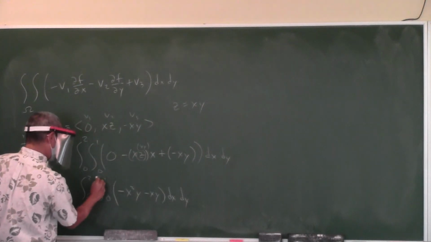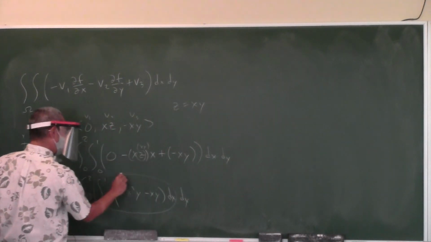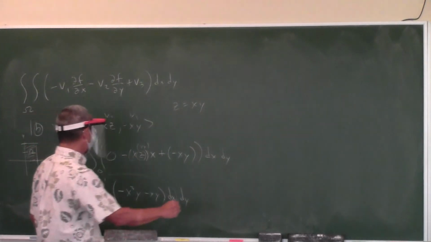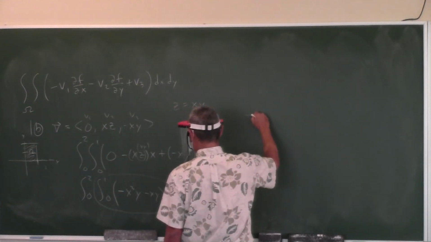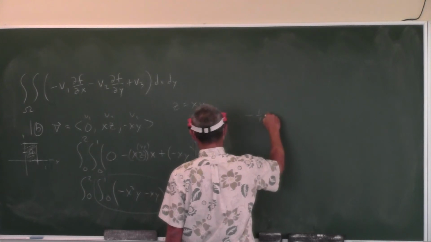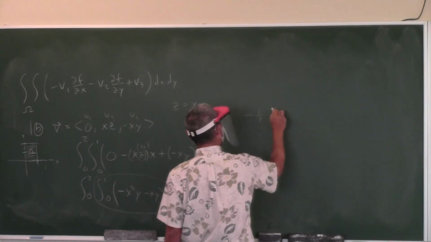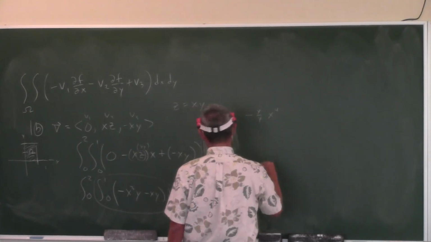Okay, so we're going to do this integral first. What is the antiderivative of that with respect to x? Negative 1/4 x to the 4th y. I should put the y in the front, because that's the constant.